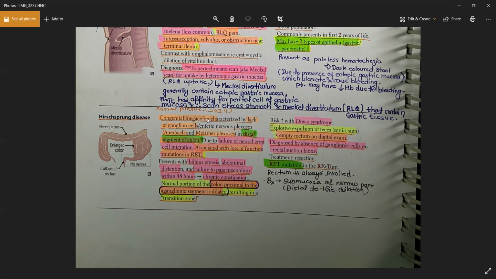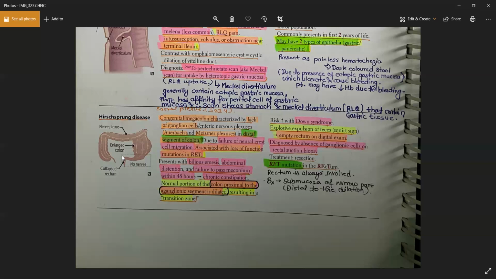They first reach the intestine, then the colon, and from the colon they reach the rectum. So the last part to be colonized by the neural crest cells is the rectum.